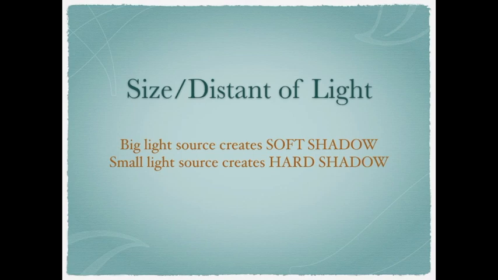If it's a big light, thus the distance is close to the object, it will create a soft shadow. I will tell you what soft shadows look like and what a hard shadow looks like. If it's a small light source, it will create a hard shadow. So small light, most likely is going to be distant light, further away from the subject. All right.